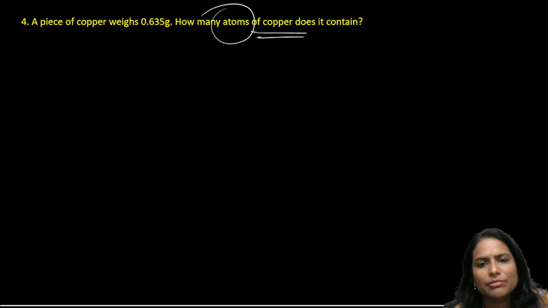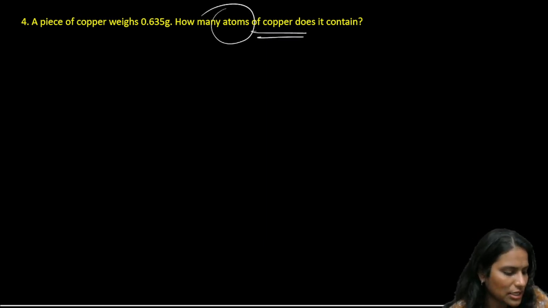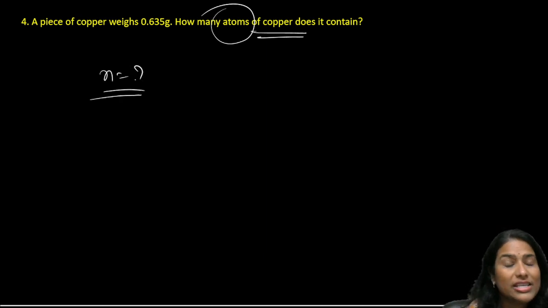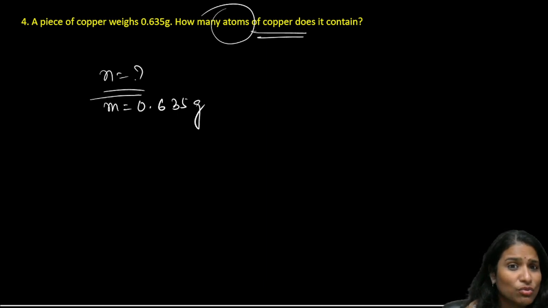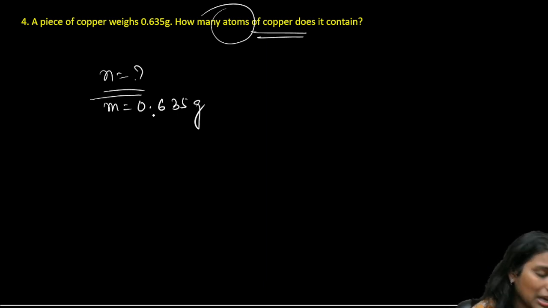How many atoms? So again in this question, what is asked? The number is asked. What is asked you should write, and what is given to you. Mass is given to you, 0.635 grams, right? So you have been asked the number and mass is given to you.